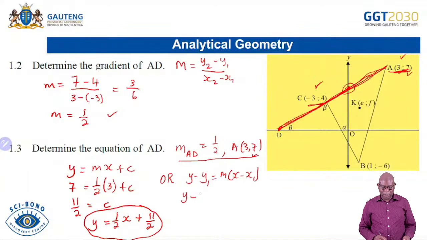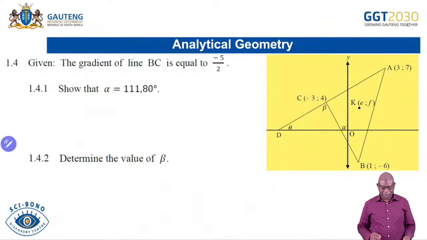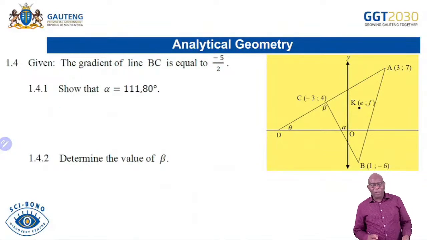So you have y minus 7, gradient is a half, then your x value is x minus 3, and then your y value will be half of x plus 11 over 2 if I multiply out correctly. Okay. So you can use any of those two. I like this one because it gets you straight to the answer.